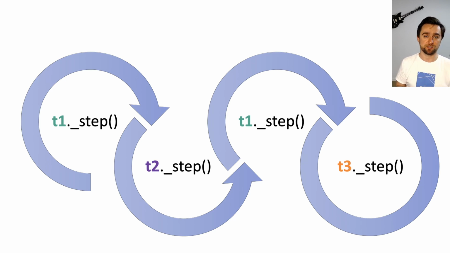So it runs first, fair scheduling. Then we have another T1 underscore step and a new T3 underscore step. What happens later? Who knows? Maybe T1 and T2 are done, so only T3 is left and later more tasks. Or maybe they just continue going on, scheduling themselves back on the loop one by one.